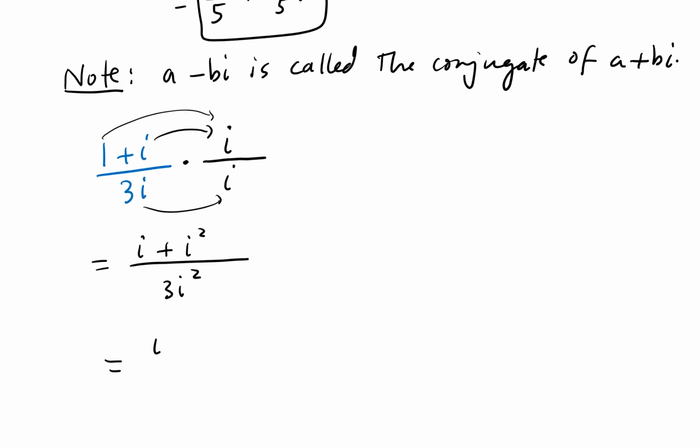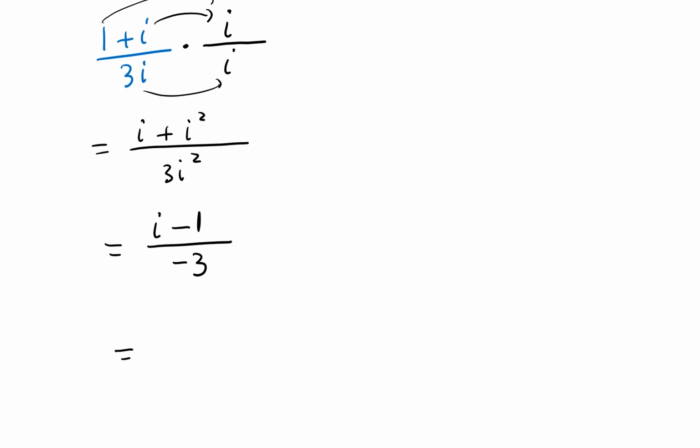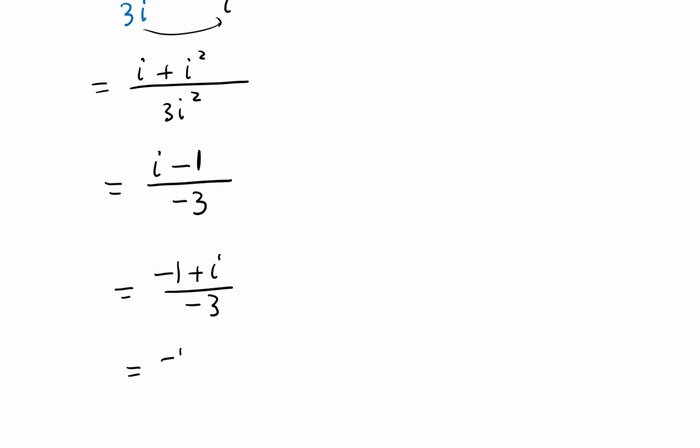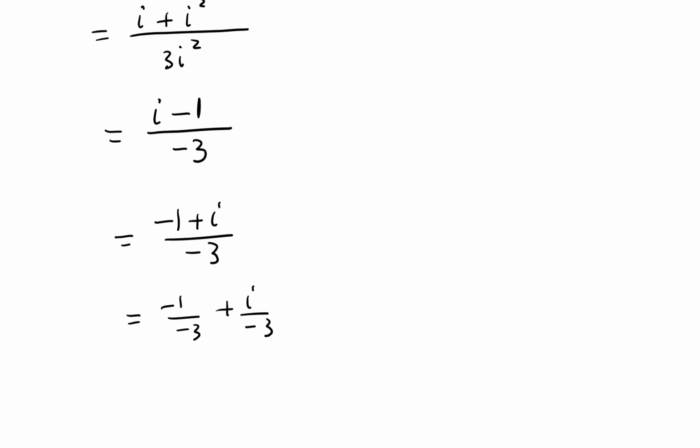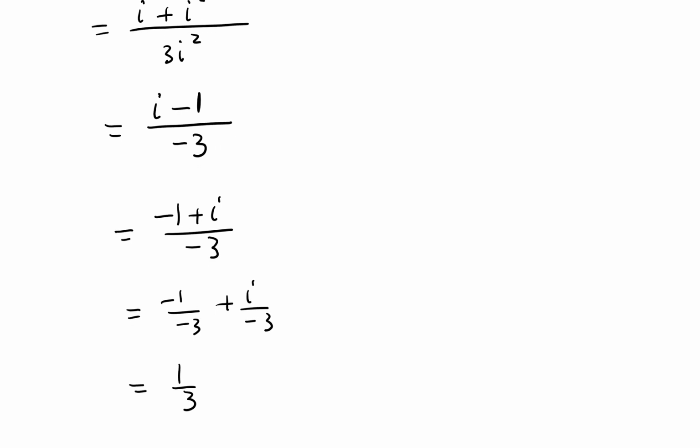And that would give us i squared is negative 1, so minus 1 over, i squared is negative 1, so minus 3. Now, remember, we like to write in standard form, so I'm going to rewrite the i minus 1 as negative 1 plus i, then break it down like so. But this can be simplified even more. Negative with negative cancel out, and you can put the negative out: 1/3 i. That's in standard form.